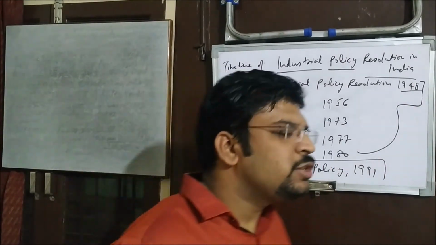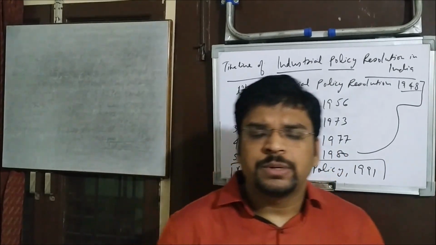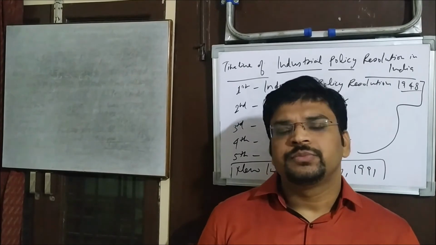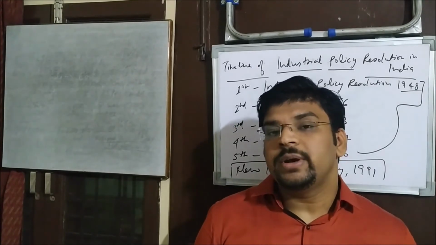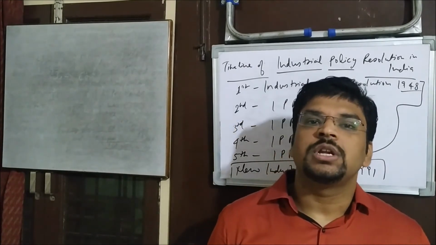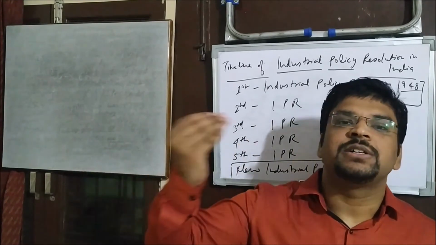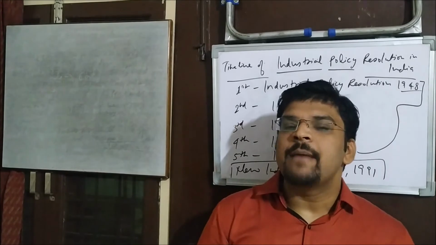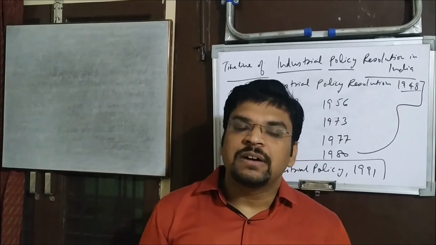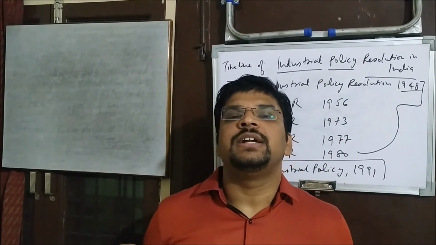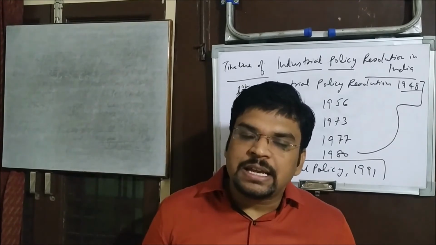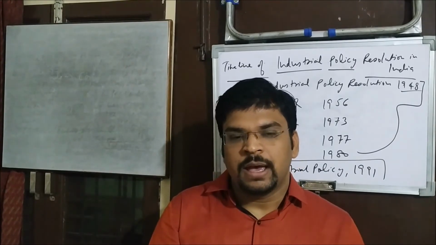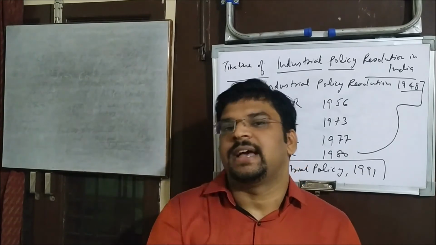Like I told you, India adopted the mixed economy system. So mixed economy is a planned economy. And what the government was required to do is take the private sector together with the public sector. But what was happening in actual? In actual, the government was taking the entire responsibility in its hand and was giving the minimum role to the private sector.